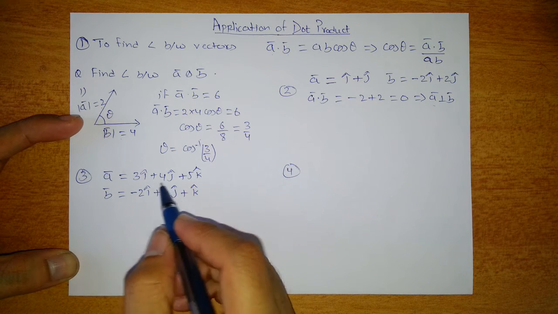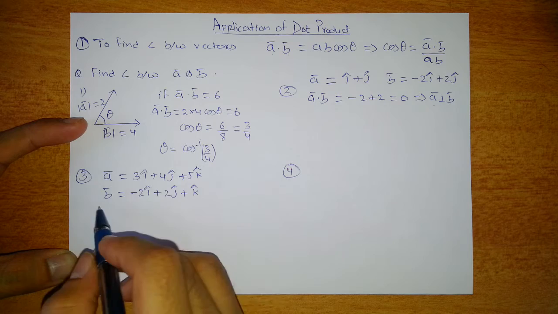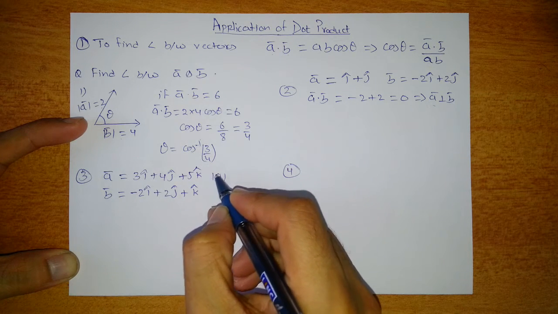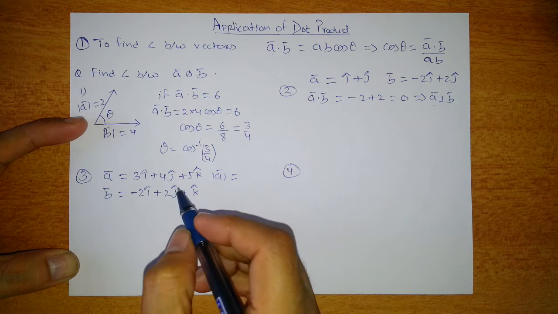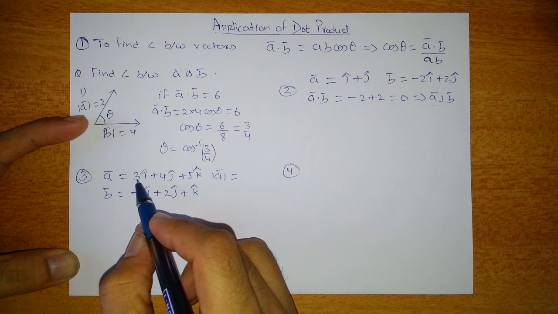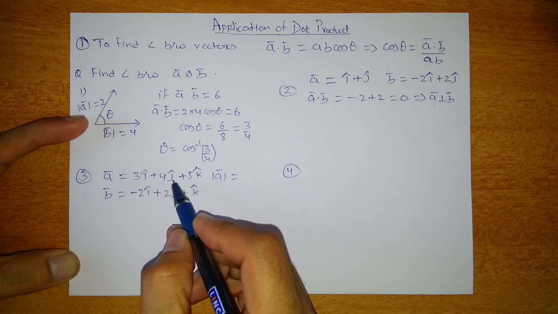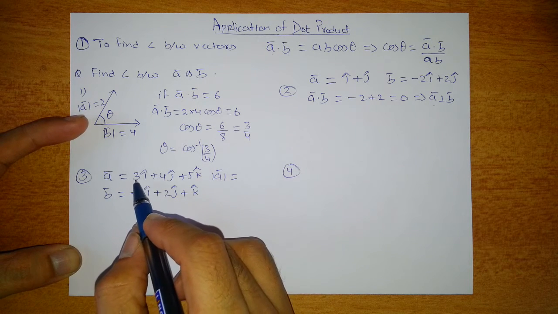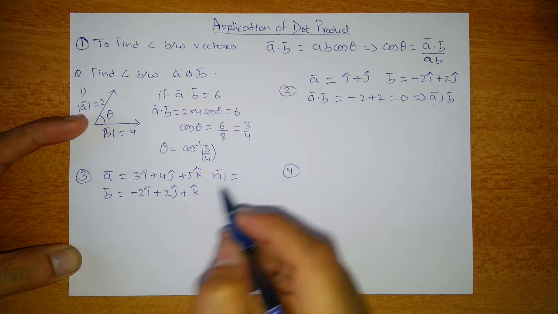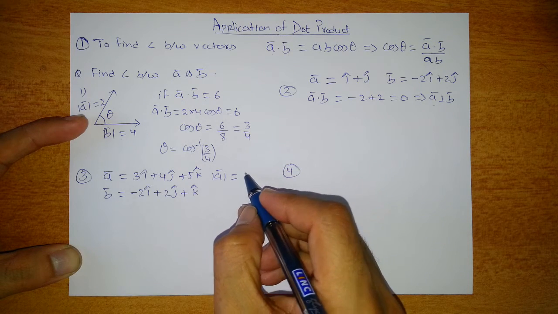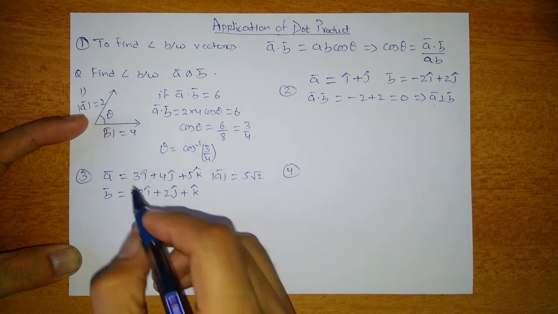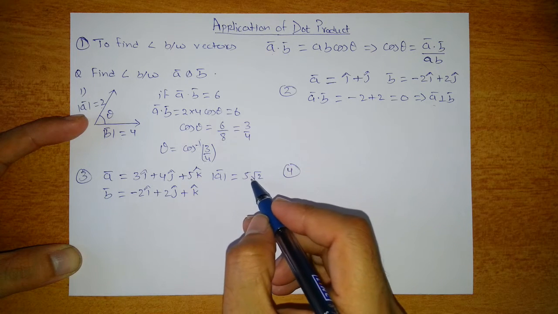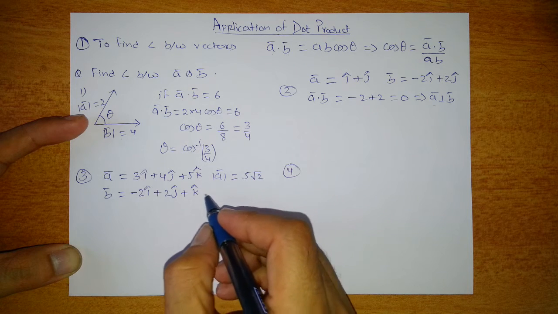These are the two vectors A and B. We have to find the angle between them. First of all, take their magnitude. You must know how to calculate their magnitude. Magnitude is nothing but the root of the sum of squares of the x, y, z components. So 3 square, 4 square plus 5 square: 9, 16, 25 will give you 50, and root of that will be 5 root 2.